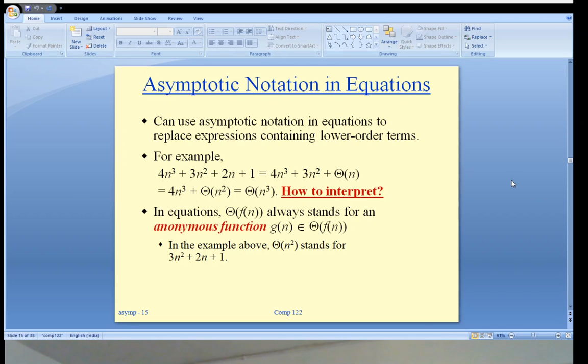And finally, 4n cube dominates, so it is bounded by theta of n cube. So basically, the most dominant term, the one that grows at a much higher rate, determines the complexity. So for the same 3n square plus 2n plus 1, the complexity would be theta of n square.